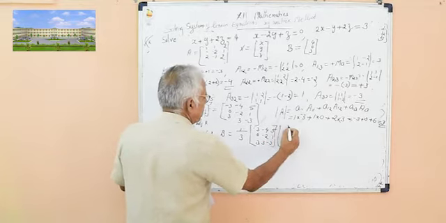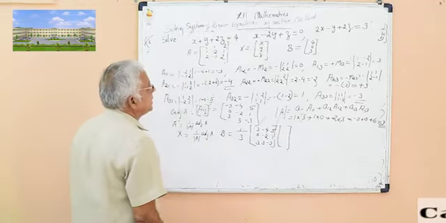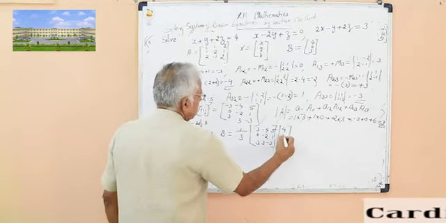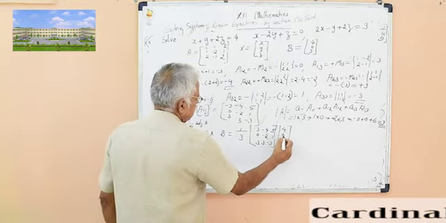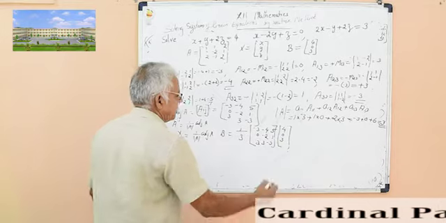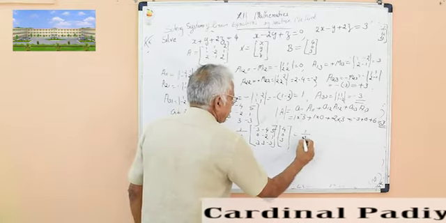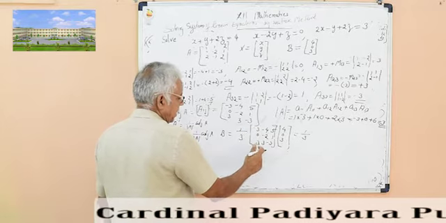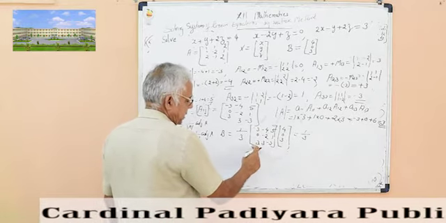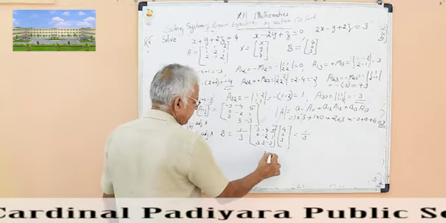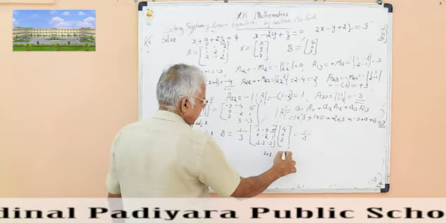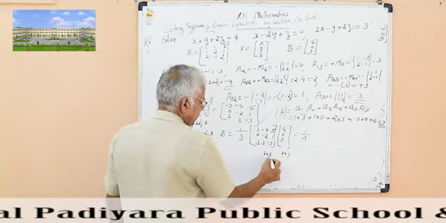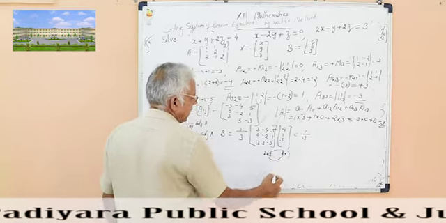Right hand side constant matrix D1, D2, D3 is 4, 0, 3, equal to 1 by 3 into determinant of A. Multiply a 3 by 3 matrix and a 3 by 1 matrix. Result is 3 by 1.